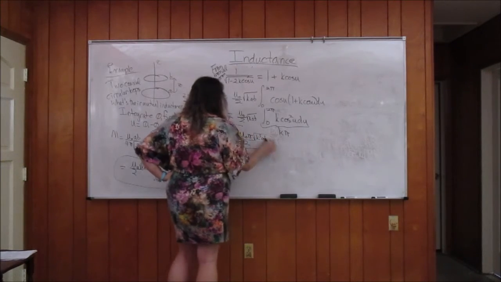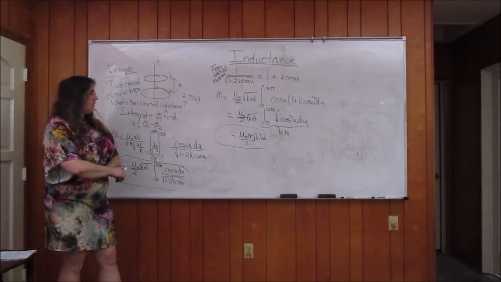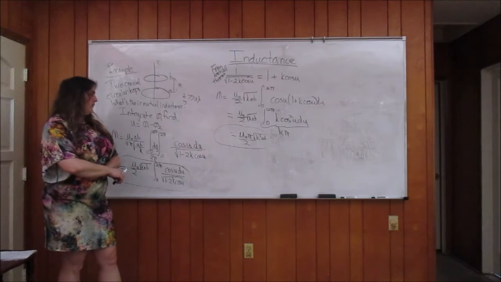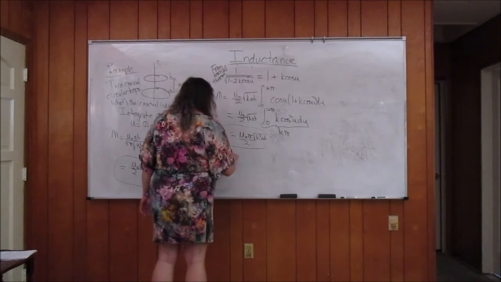And there's your answer, if we assume that the distance between the circuits is much larger than the dimensions of the circuits themselves. Now, I also mentioned you can also make the dipole approximation.